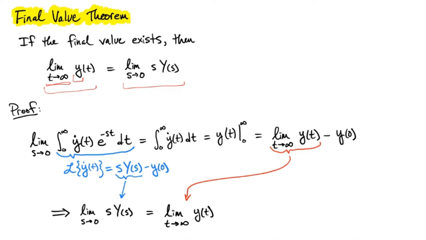And we do that by taking the limit as s goes to 0 of this product, s times the Laplace transform of y. The proof is not particularly revealing to understand what this is going to do for us. It's going to do quite a lot, but I think it's still useful to see how the proof comes about so that you can understand where these results come from.